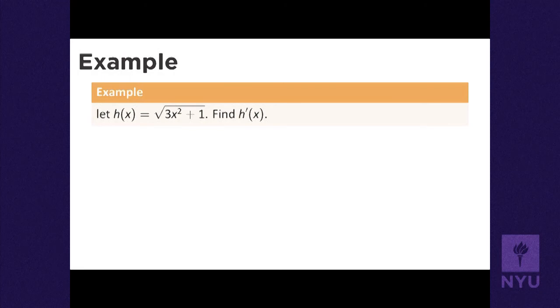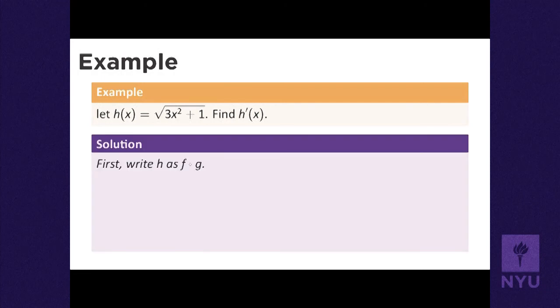Okay. If we're going to use the chain rule, then I need to think about making this function a composition of two other functions. And how could I do that? Well, if you just listen to the way that we describe this function, the square root of 3x squared plus 1, then you can actually hear the composition. When I say of there, I'm talking about two different operations and I'm composing them.